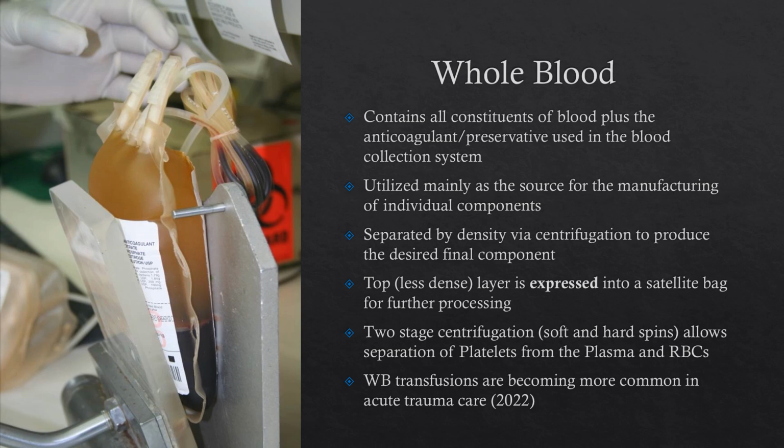Usually these are type O whole bloods. Sometimes we do a titer to make sure they don't have high levels of anti-A and anti-B. But in certain situations where a patient will need all of the components of blood at once, mainly a trauma, a whole blood transfusion is the best option.